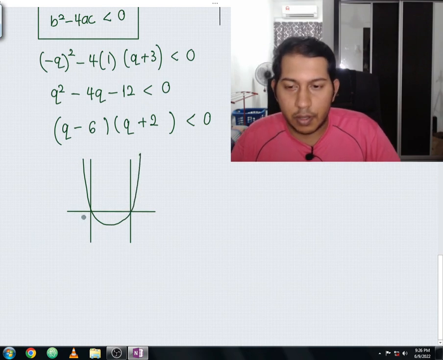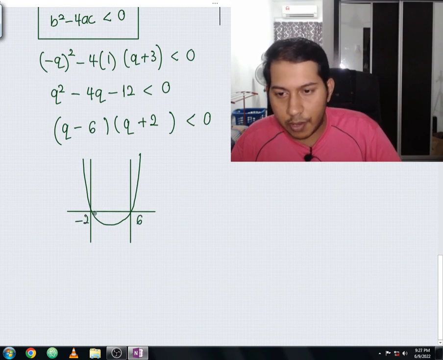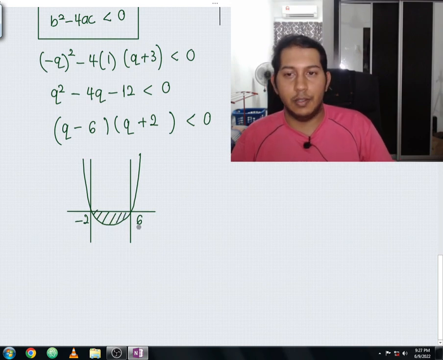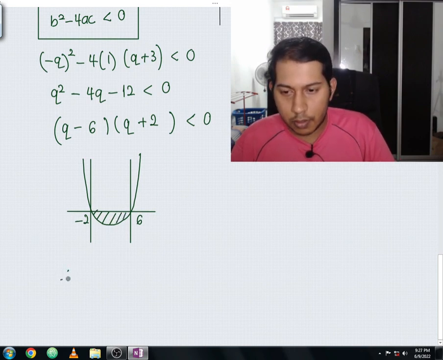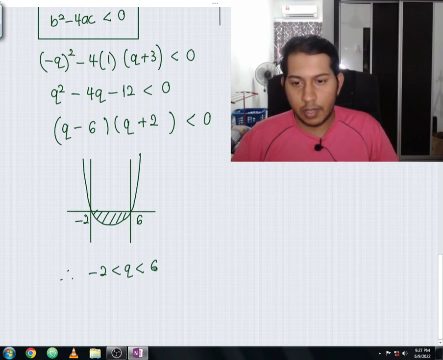Include the roots here, which are negative 2 and 6, and shade the region under here since it indicates less than 0. So your final answer will be negative 2 less than q less than 6.